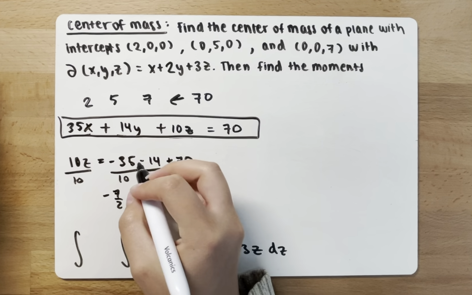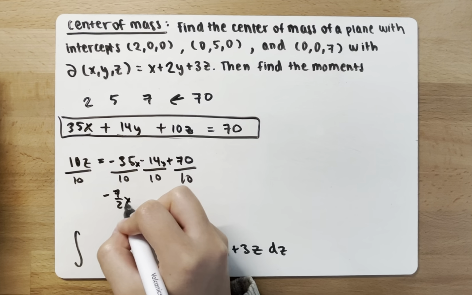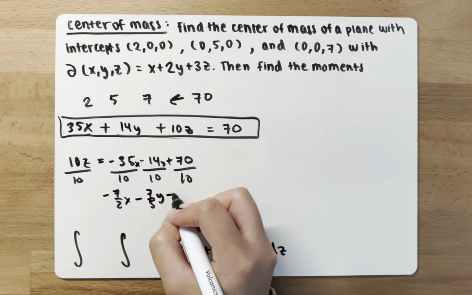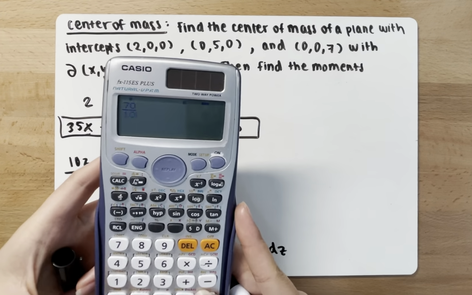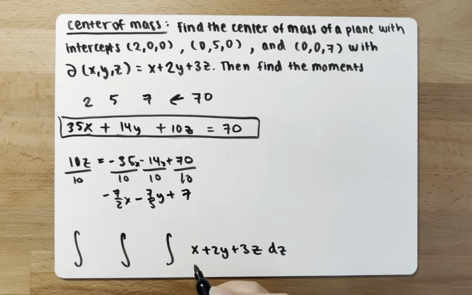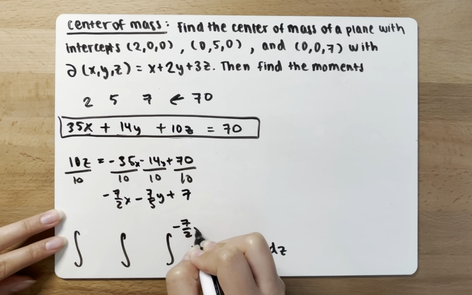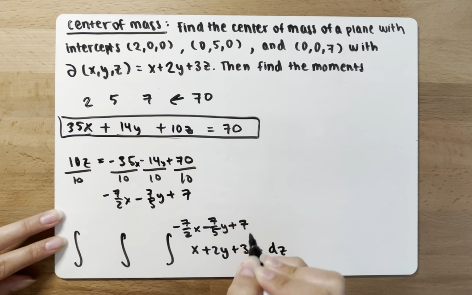I forgot to write the variables, but this is x and y. So -7/2 x - 7/5 y + 70/10, which is 7. This will be your inner boundary for z, the upper one: -7/2 x - 7/5 y + 7.